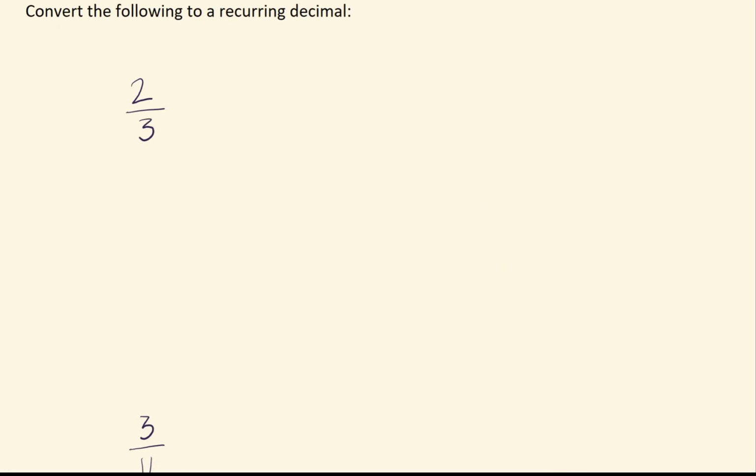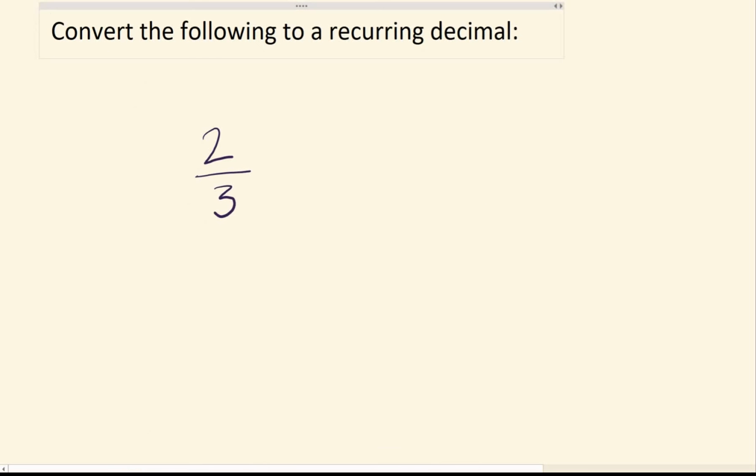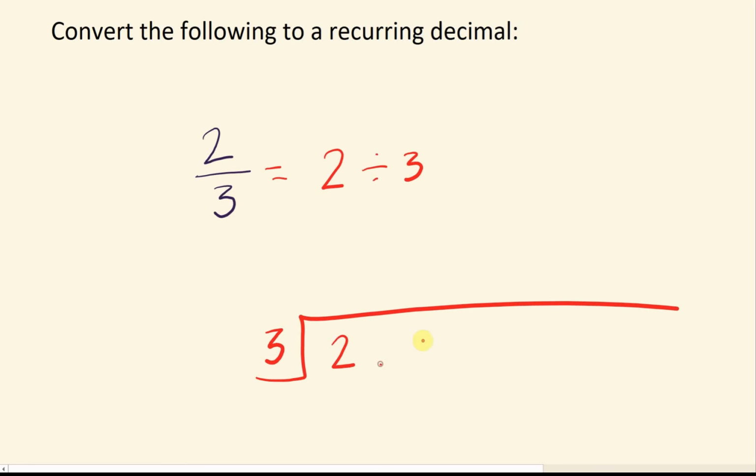Okay, other questions you see, probably the most basic idea is how to convert from a fraction to a recurring decimal. For this we just use the bus stop method. So 2 divided by 3 means the exact same thing as 2 over 3. And we can work it out by using the bus stop method, by working out how many 3s go into 2.